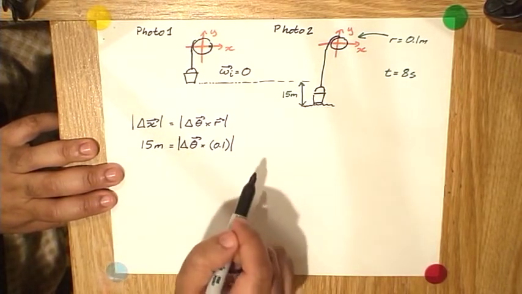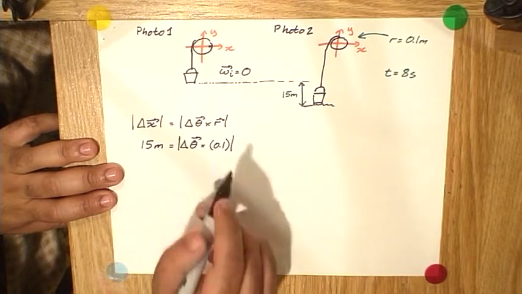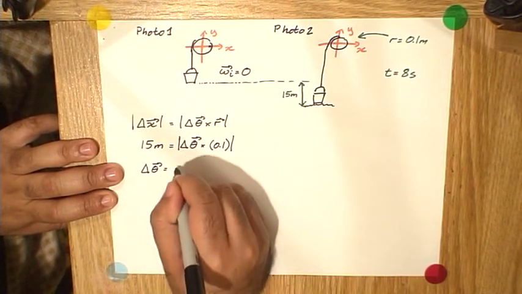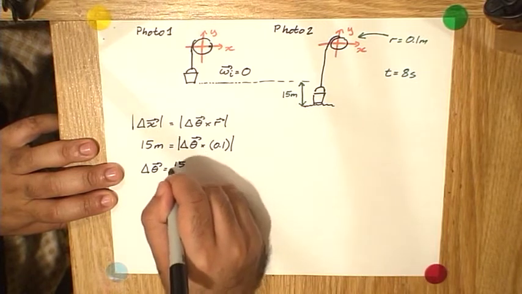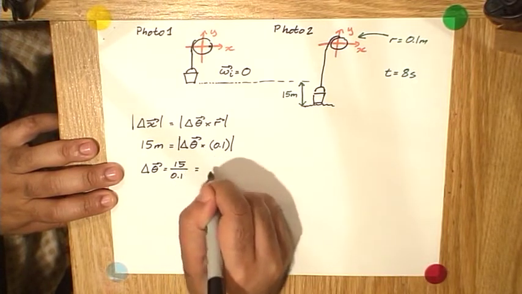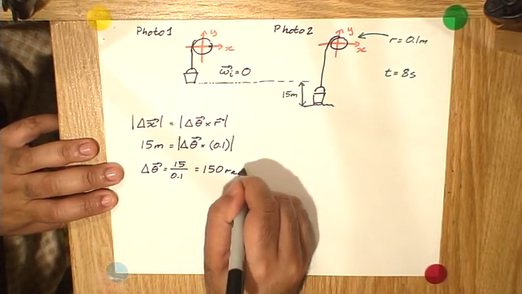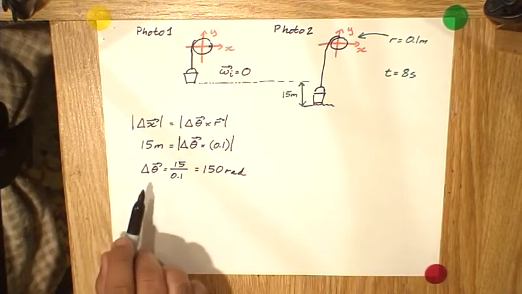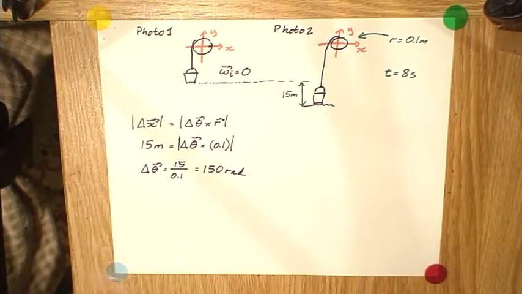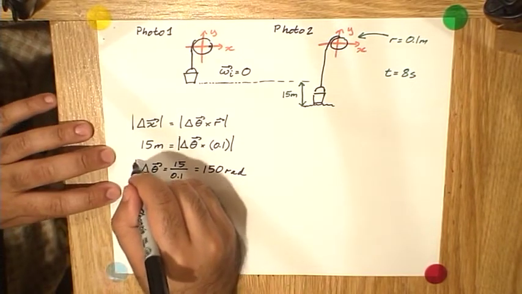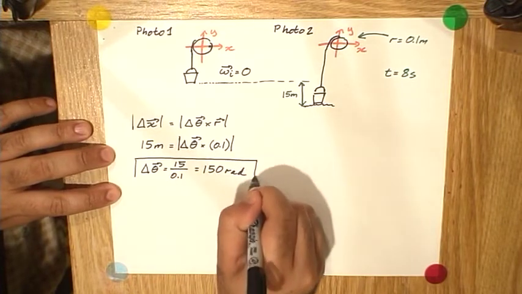So now all we have to do is take 15 divided by 0.1. So delta theta is equal to 15 over 0.1 is equal to 150 radians. So this is the third piece of information that we needed in order to solve for the motion of this wheel.